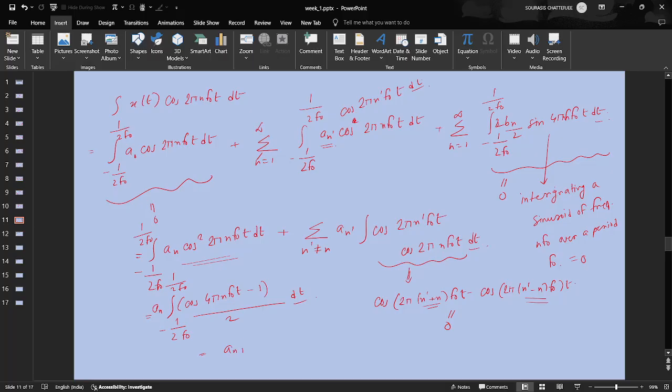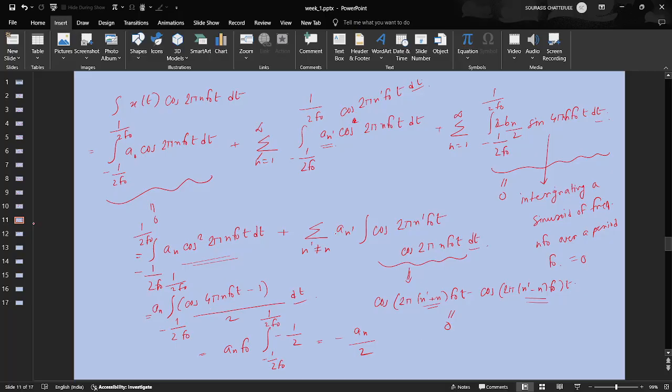So we have a n times f naught. Again this is a sinusoid with frequency 2 n f naught, so its integral over this period is going to be 0. So the only thing we are left with is minus 1 by 2 and the integral limit basically 1 over 2 f naught. So we are left with this answer minus n by 2.